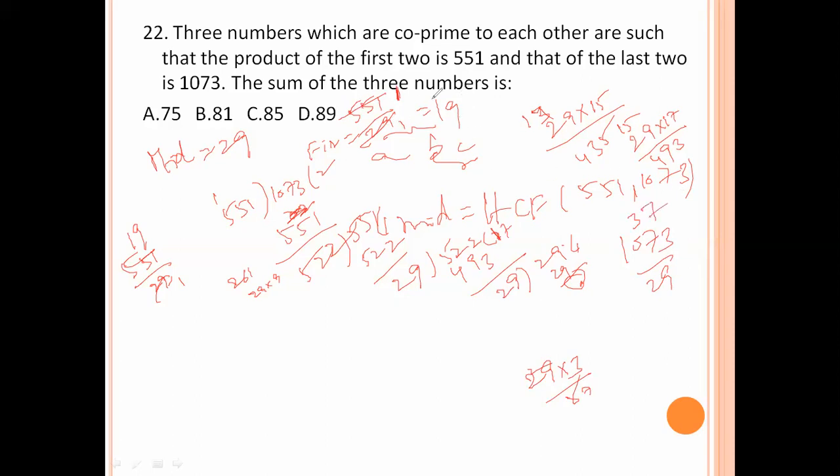So the sum of the three numbers is 29 plus 19 plus 37, which is 85. Option C is the right answer.